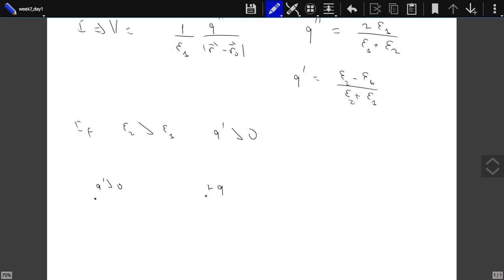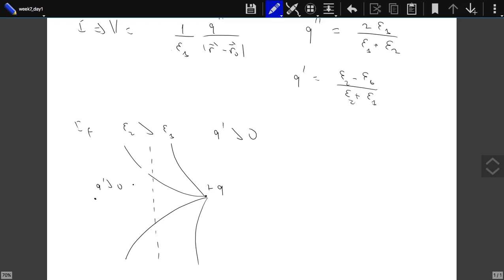This second charge depends on which medium has the larger dielectric constant. If epsilon 2 is larger than epsilon 1, then Q prime is positive. So we have a positive charge here, and a positive charge Q here.